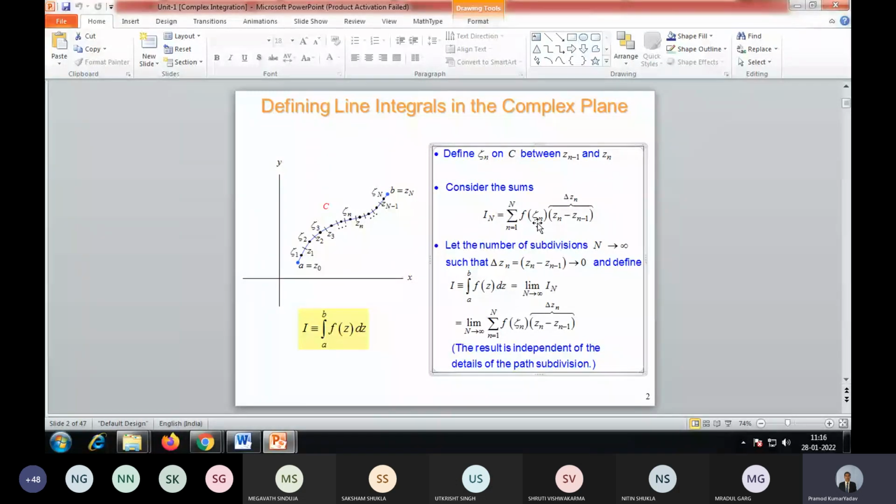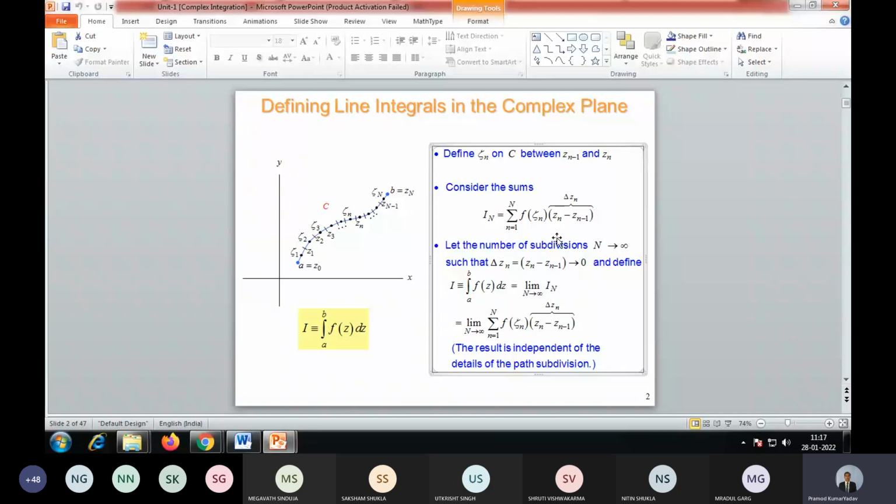So in order to consider the maximum number of points, one thing we can do is reduce the size of each sub-interval. If we reduce the size of the interval, it means capital N tends to infinity, and then the length of the interval becomes small. That will give accuracy in the summation.